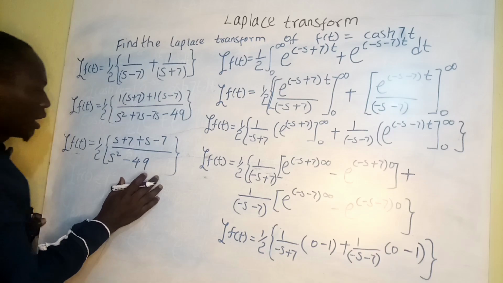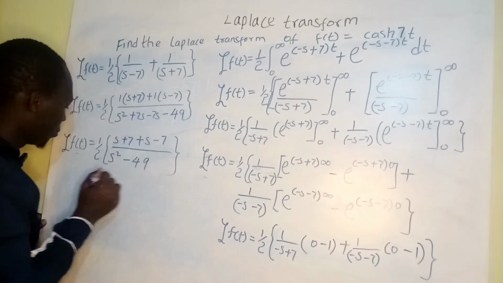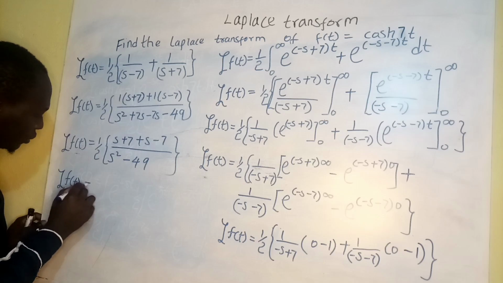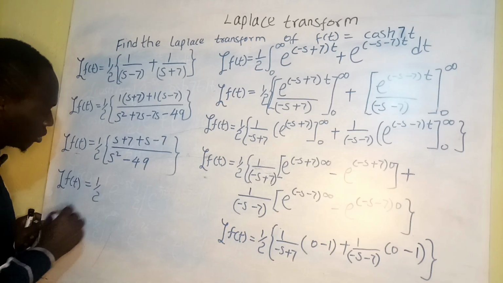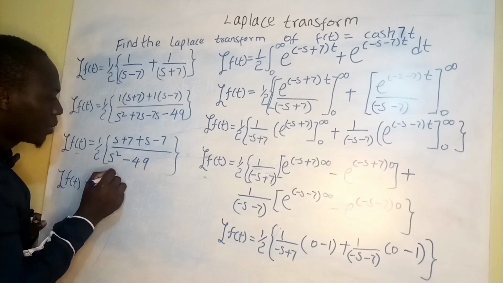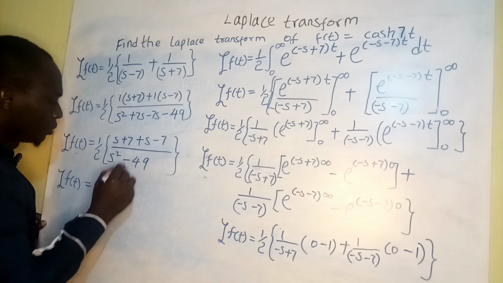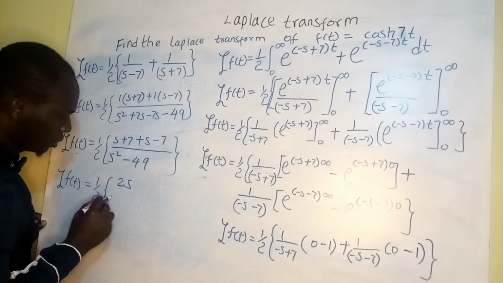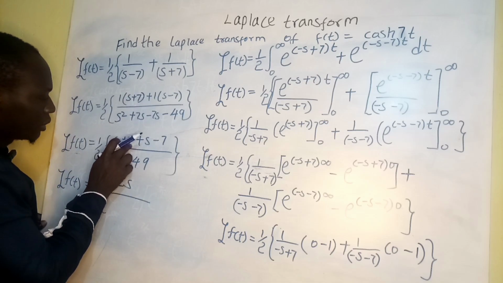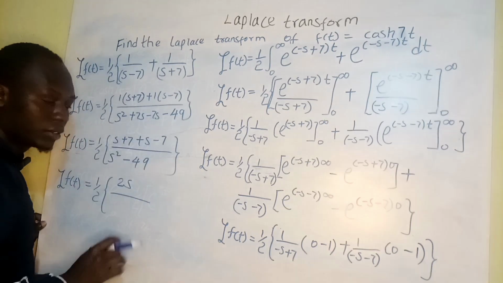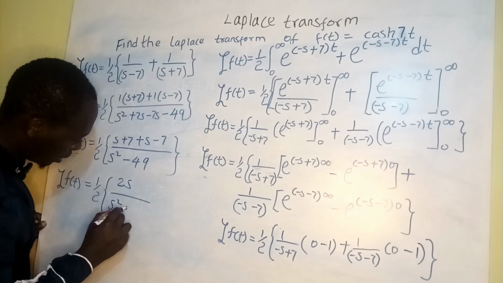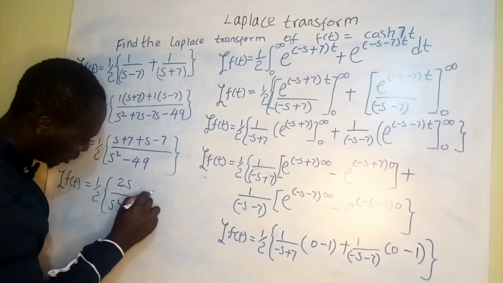From this point now, we can simplify the numerator. The Laplace transform of our function f of t is going to be equals to, into, here now we are going to have 2s all over negative, this one is a positive, this one is a negative, they are going to cancel out. S squared we subtract from 49.